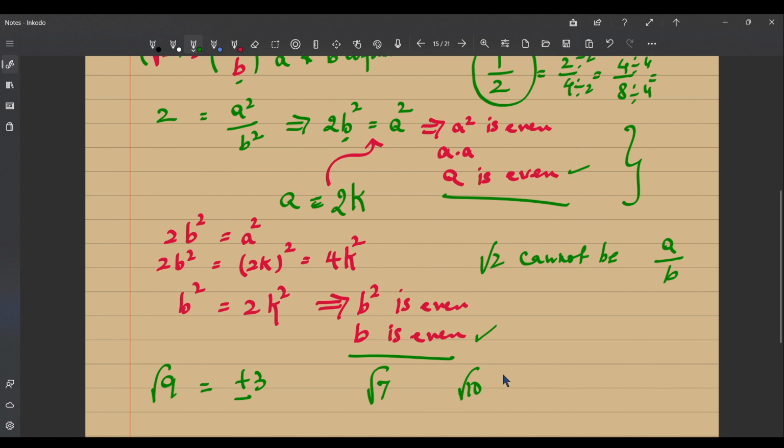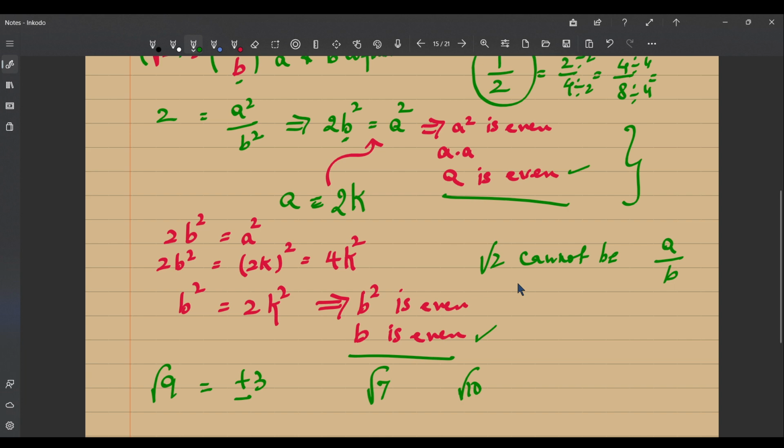But do you think that these are all the numbers which are not rational? Meaning, are there more numbers which are not rational? Let's see one by one. First, let's see what these numbers were called. If they are not rational, what were they called? Now, rational numbers are all the other numbers, in fact. As we saw, natural numbers, whole numbers, integers, all of them were called rational numbers.